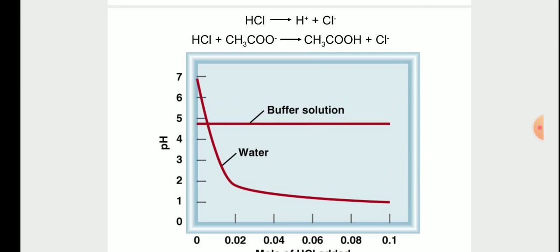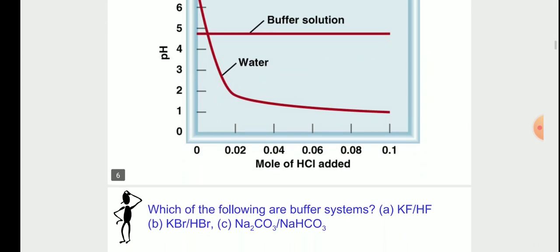But if we add HCl to simple water, the pH will decrease. There will be a sharp decrease of the pH. But in case of the buffer, there will be no change of the pH. This is the beauty of a buffer solution. It keeps the pH of the overall solution at a fixed value.